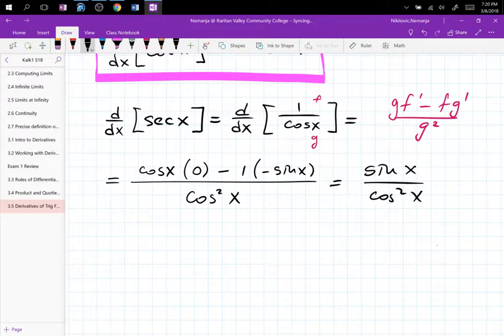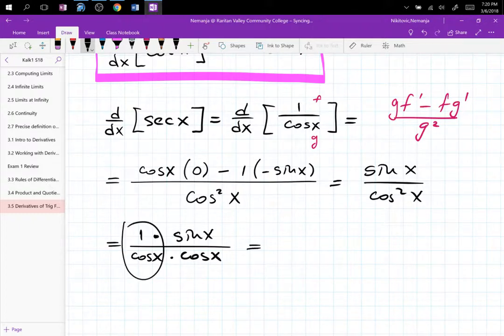And actually we can simplify this, transform this, whatever. Here, we write 1 times sine x divided by cosine x times cosine x. And now 1 over cosine x is what?